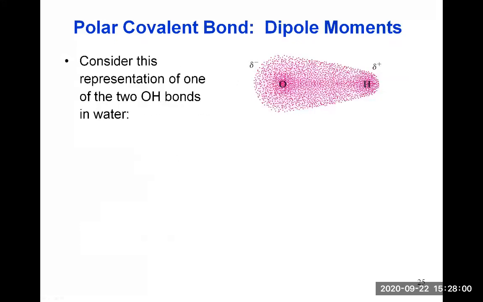So consider this representation of one of the two O-H bonds in water. The pink dots represent the electron density. You can imagine that we know there are 2 electrons shared between oxygen and hydrogen. And let's say we are able to take pictures of them, one picture at a time.